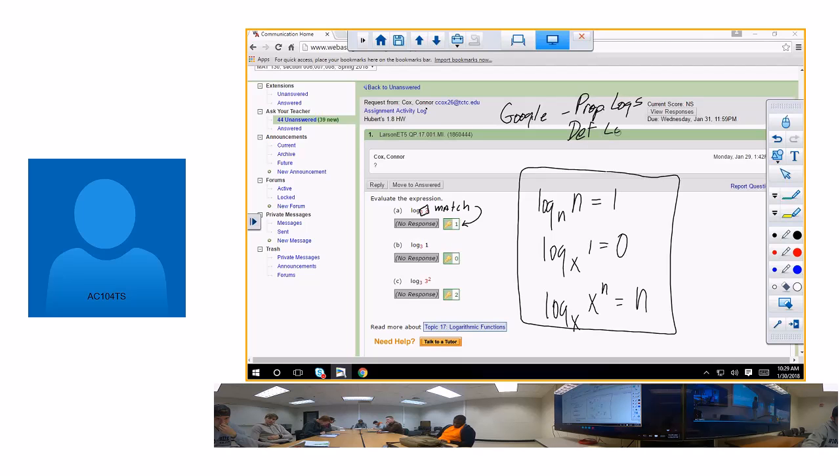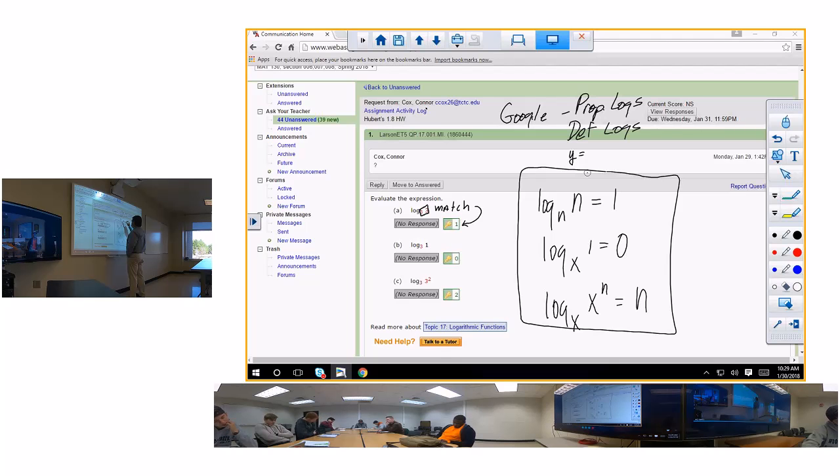The definition of logs has y is equal to log base b of x, which gives you x is equal to b to the y power, I think it is. I can't remember.